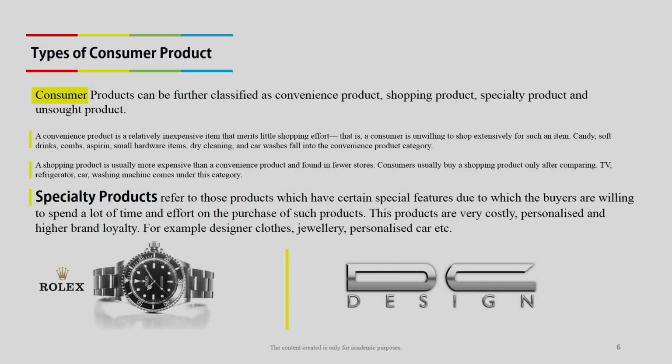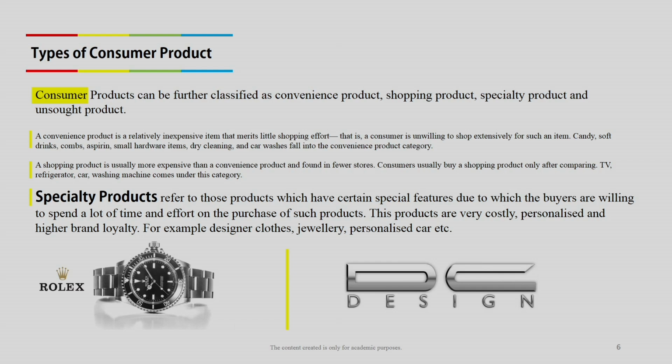Specialty products refer to those products which have certain special features, due to which the buyers are willing to spend a lot of time and effort on the purchase of such products. These products are very costly and personalized and also have higher brand loyalty.